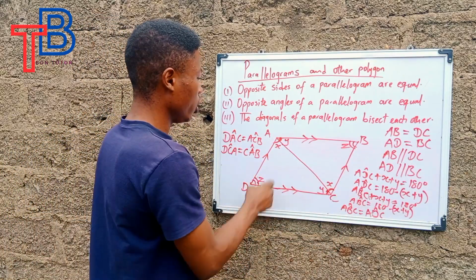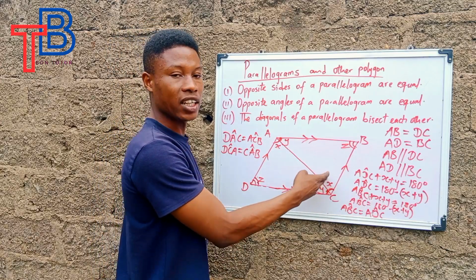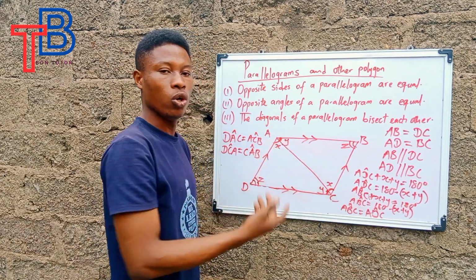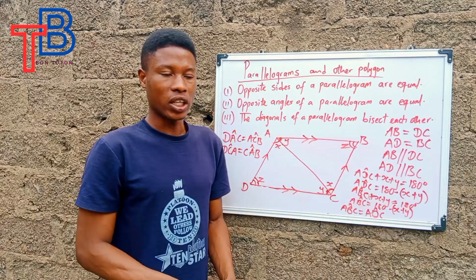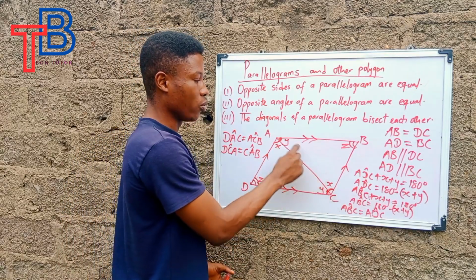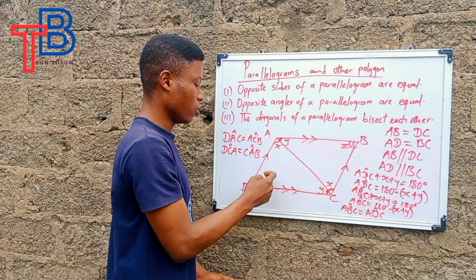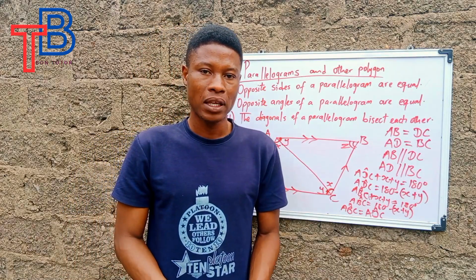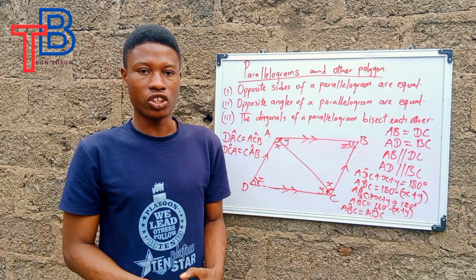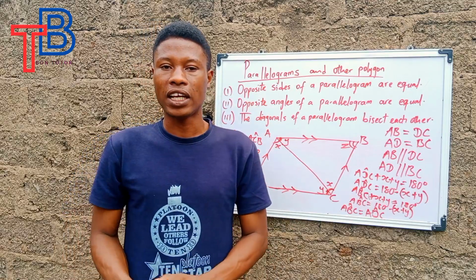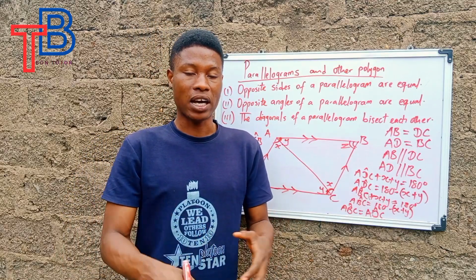And also, if here is x plus y and here is x plus y, they are also equal to each other, which means the sum of angles here is equal to the sum of angles here. And that proves the second theorem I have under these theorems of parallelogram.